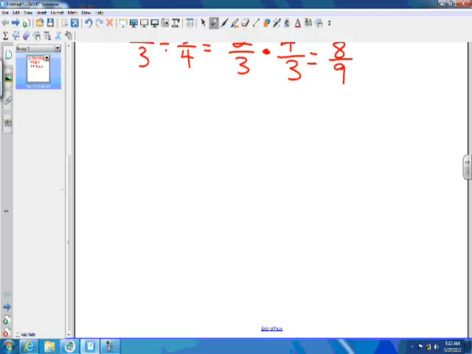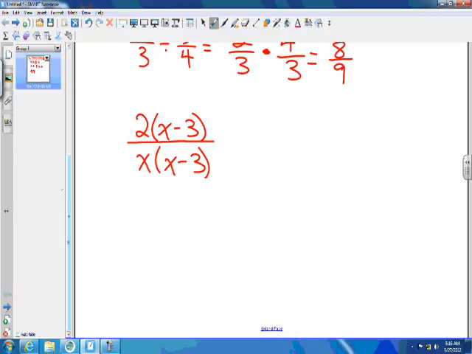But you might have something like 2 times x minus 3 over x times x minus 3, maybe something like that. So what you're looking for, what the goal is, is to get things on the top and the bottom that are the same that you would be able to cancel or cross off. What could we cancel or cross off here?